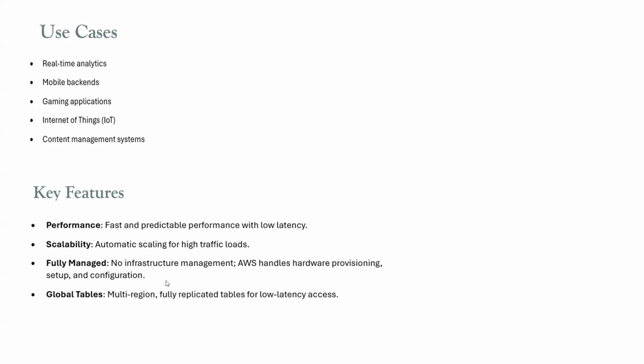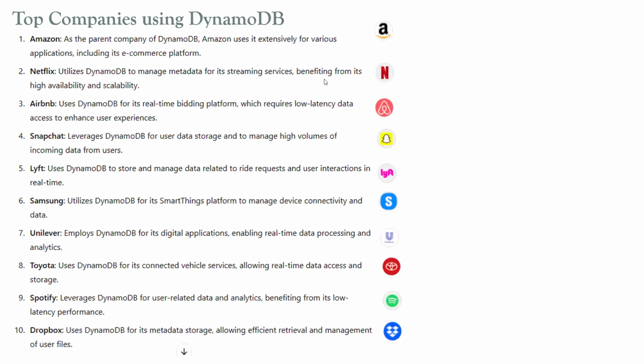These features we discussed: global tables, fully managed, scalability, performance. These are the big companies and brands using DynamoDB for their applications: Amazon itself uses DynamoDB for various e-commerce applications.